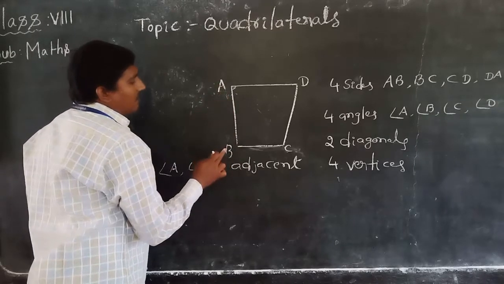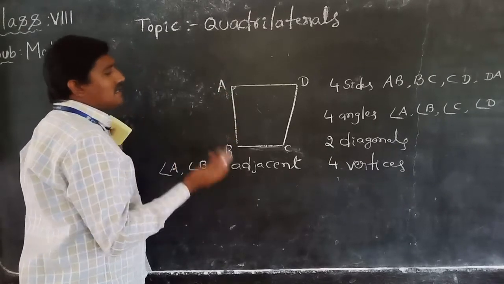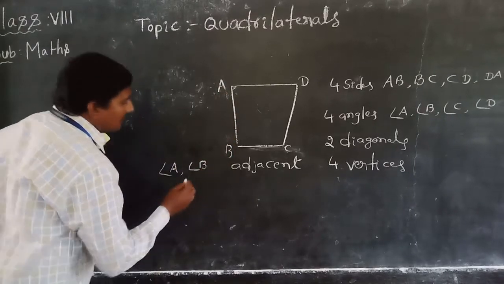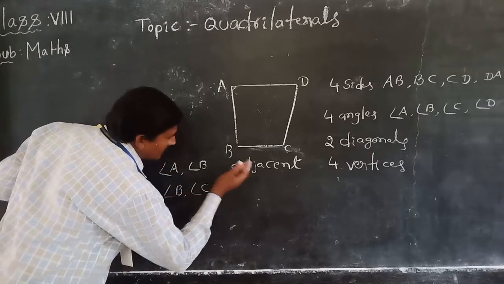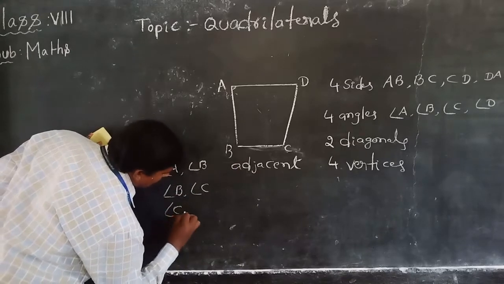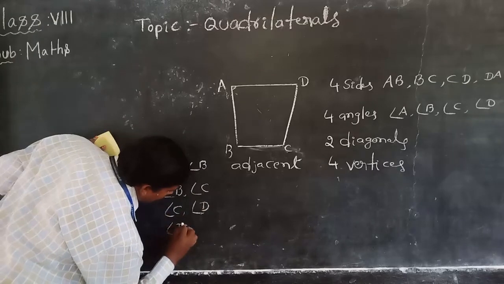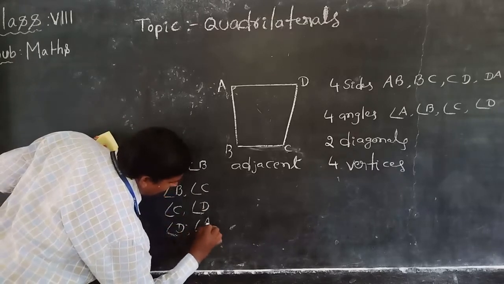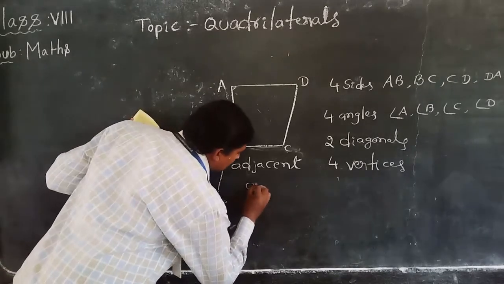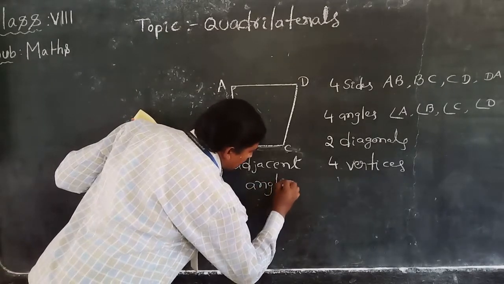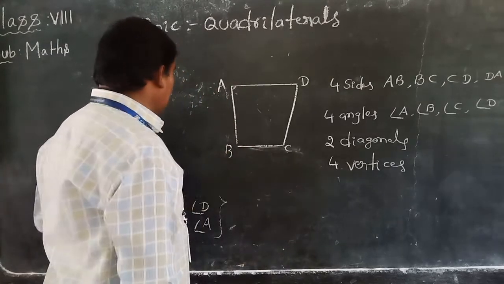Angle B and angle C are adjacent. Angle C and angle D are adjacent. Angle D and angle A are adjacent. These are all adjacent angles.